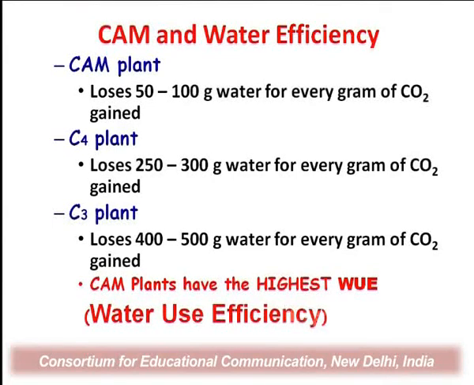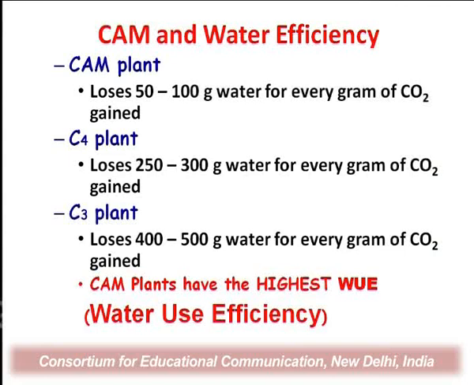If one compares the efficiency of water, and the parameter that we use is WUE, that is water use efficiency, we reach a conclusion that if a CAM plant is going to lose, say, about 50 to 100 grams of water per gram of carbon dioxide gain, it is going to be 3 times that in a C4 plant, and nearly 6 times in that of a C3 plant.